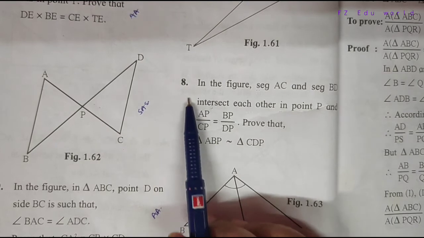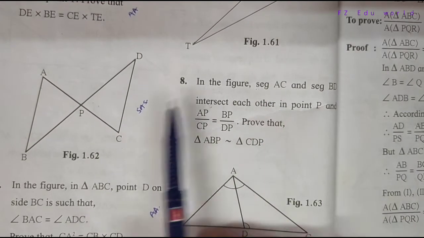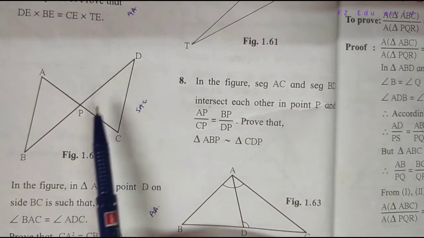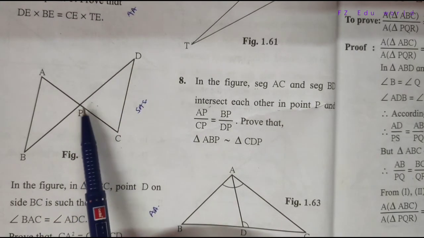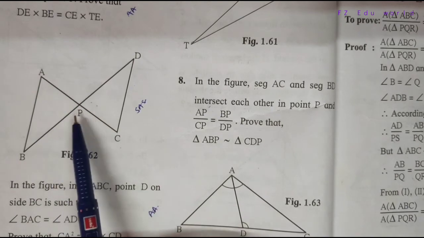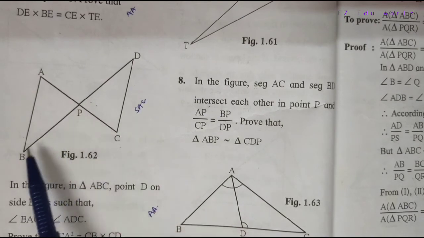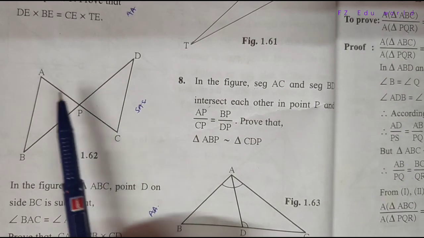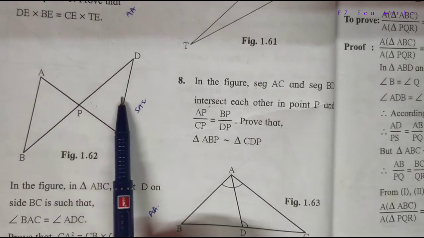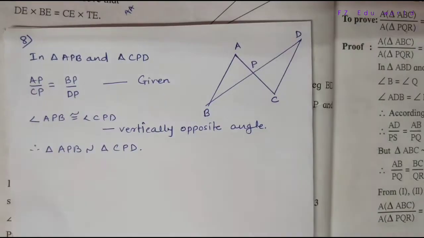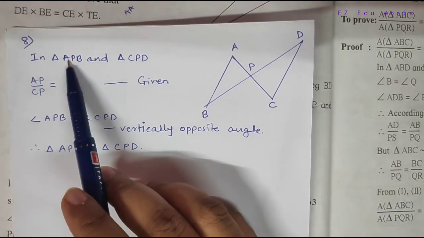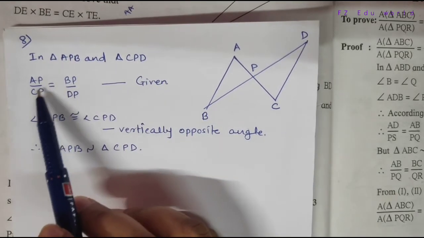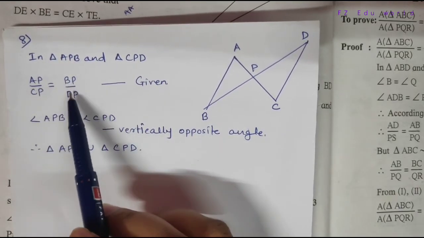8th question: segment AC and segment BD intersect each other at point P, and AP upon CP is equal to BP upon DP. Then we have to prove that these two triangles are similar. In triangle APB and triangle CPD, AP upon CP is equal to BP upon DP.